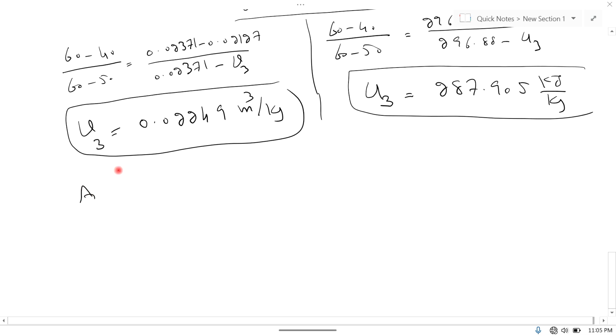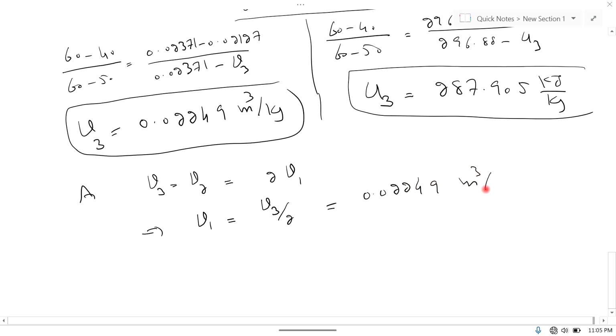Now, as we know that V3 is equal to V2, the second process is a constant volume process, and V2 is equal to 2V1, double of volume V1. So from this equation we can write that V1 is equal to V3 divided by 2, which is equal to 0.02249 meter cube per kg divided by 2.